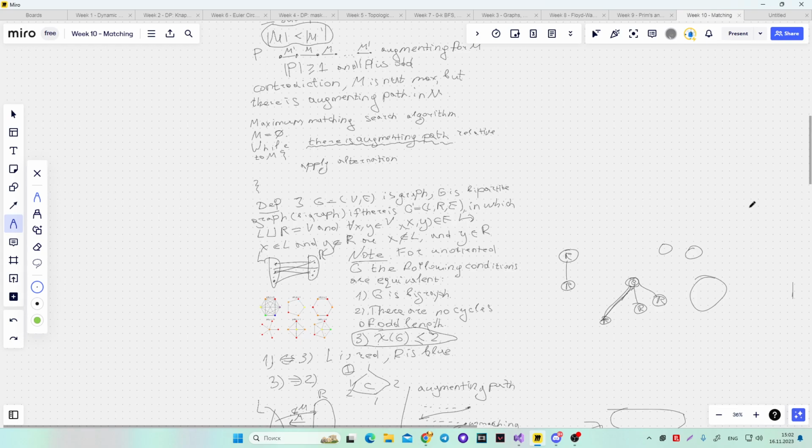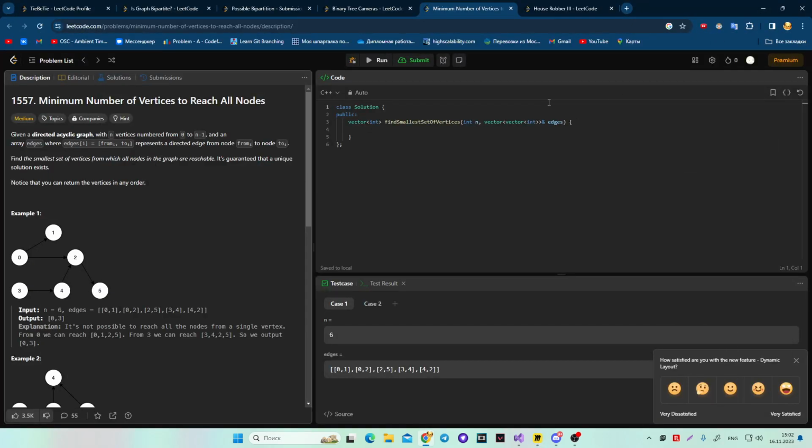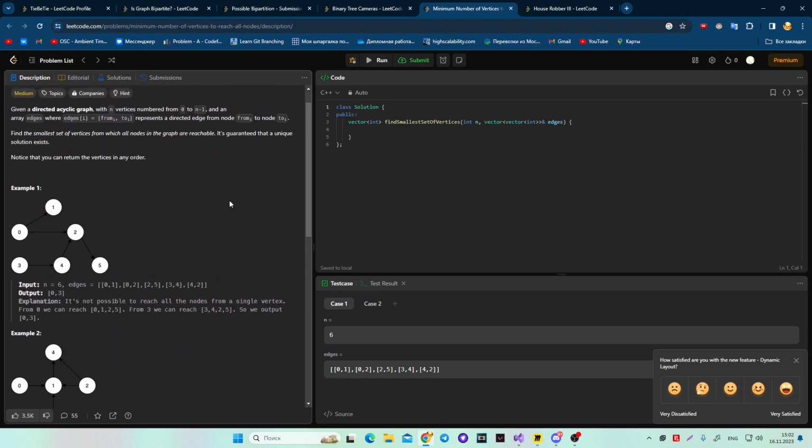I think in the next lecture we will consider segment trees. I forgot how to say it in English. Segment tree. It's graph 2.